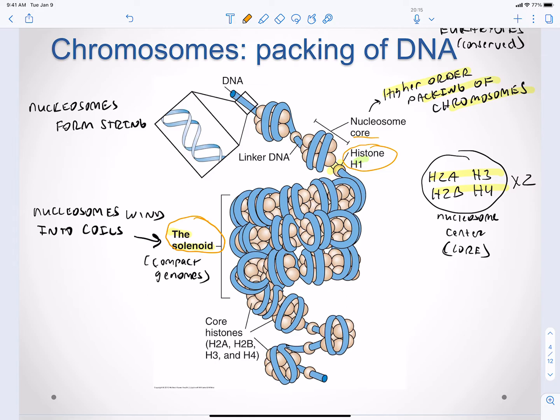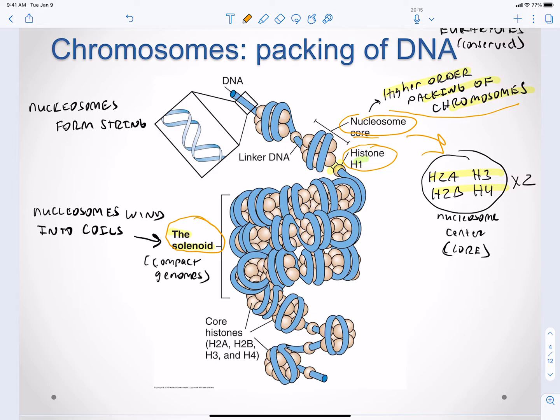Nucleosomes are going to form the core, which is a higher packaging of chromosomes, and that core is going to be made up of those 4 proteins doubled. So each protein in the core is going to be found twice. So you're going to have 2 of your histone 2A, 2 histone 2B, 2 histone 3, and 2 histone 4. So you need 8 proteins to make up that nucleosome core.